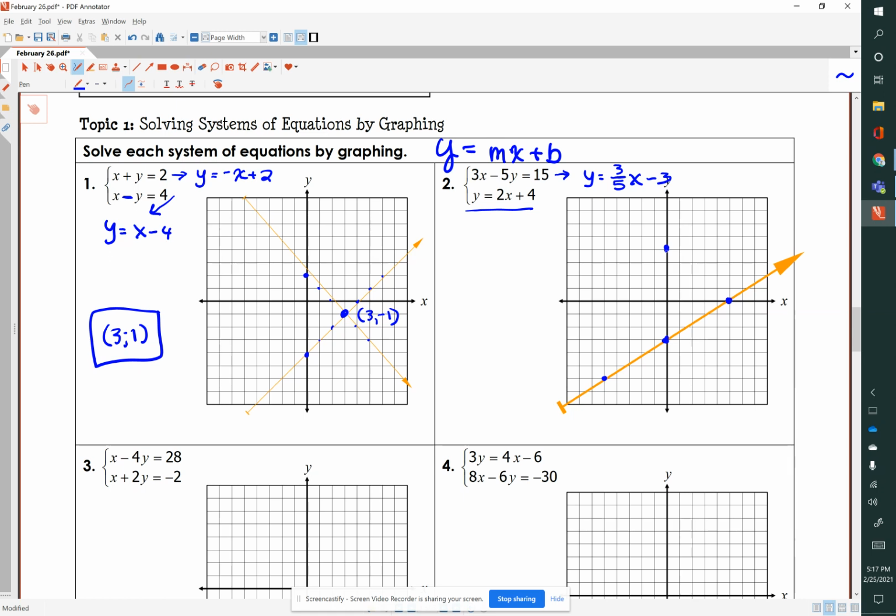And we have a slope of 2. And we can see that the solution to this system of equations is right here at -5, -6.